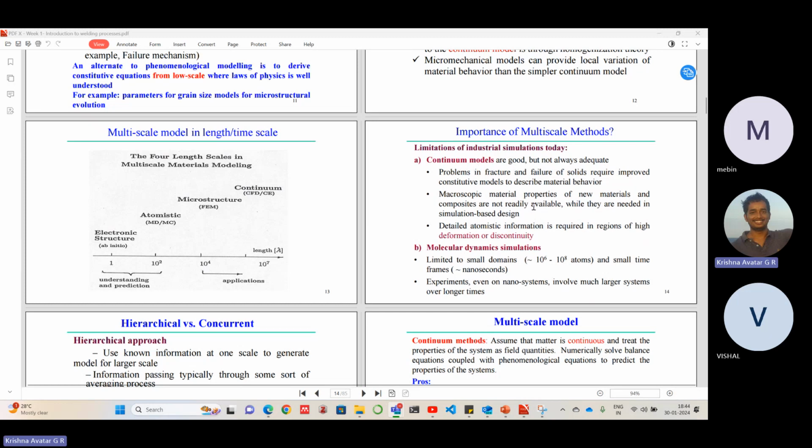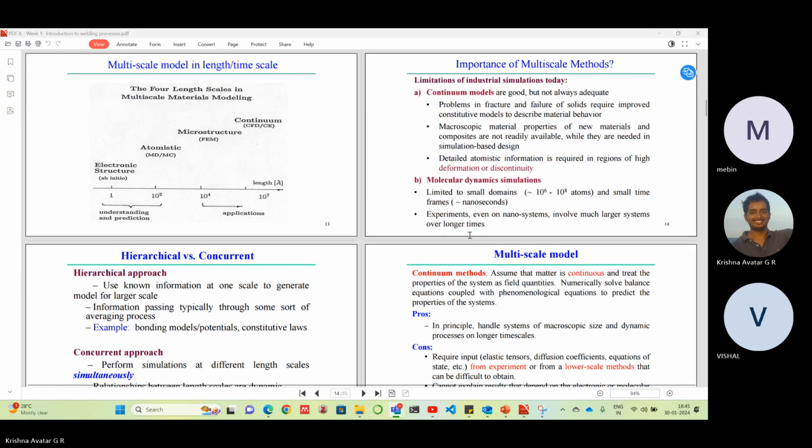So if we are modeling composites which have enough voids, then utilizing continuum models to study them won't be a good idea, because voids tend to play a significant role in reducing the strength of that body.